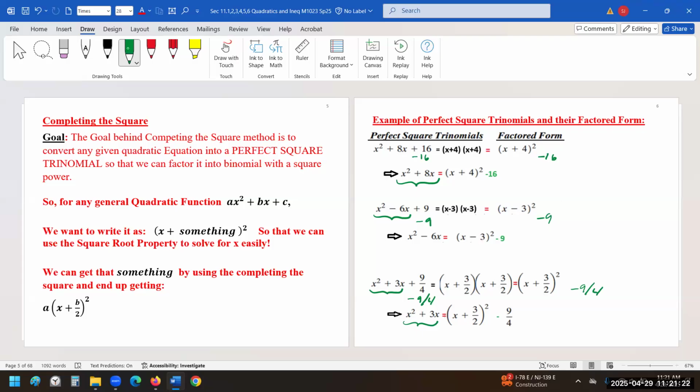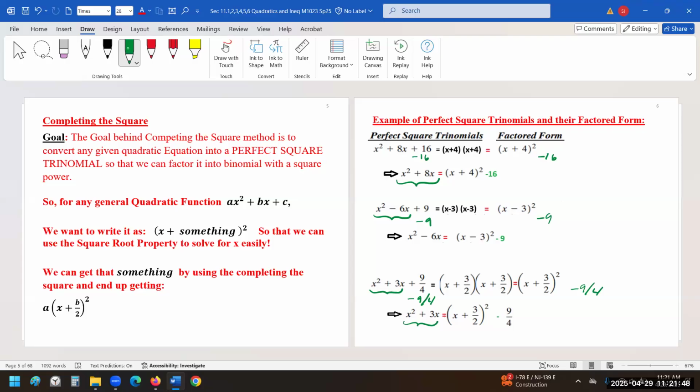Now, do you observe something? This 16 is that number squared. Did you notice that? We are subtracting that square. Here we are subtracting 9, but what is 9? 3 squared. We are subtracting 9 fourths here, but what is 9 fourths? 3 halves squared.